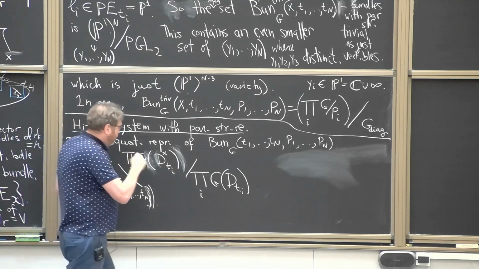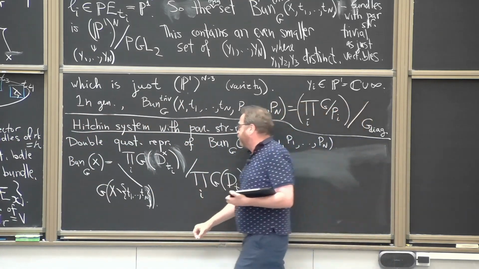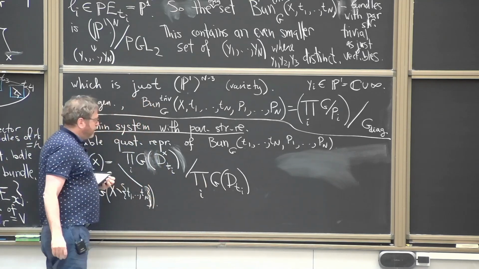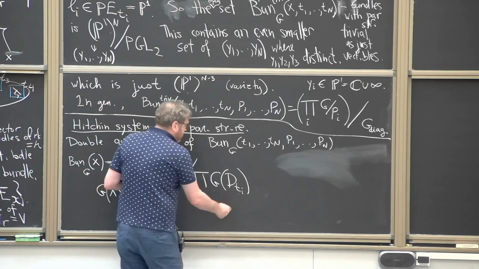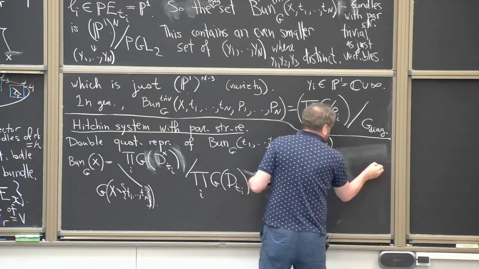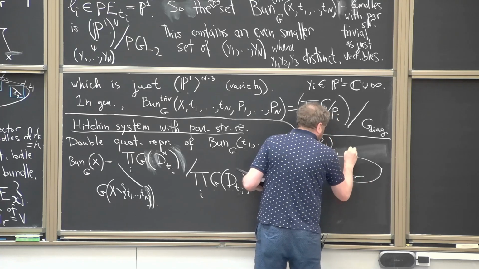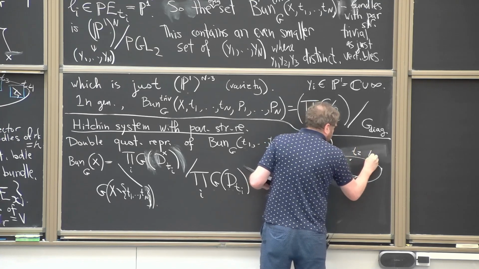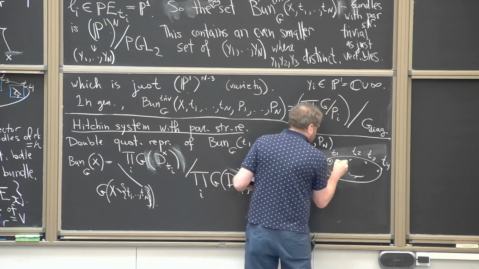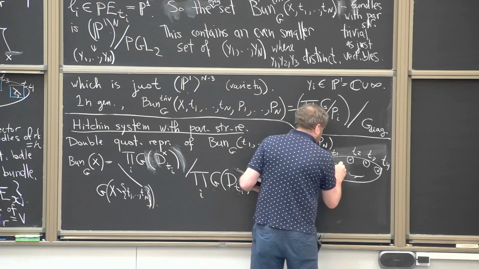But now, if we want to fix parabolic structures, then of course this is the data at the points Ti. And so this is the group of all functions on the disk D_Ti around Ti. So we have this picture here. Again, we have points T1, T2, T3, and T4, and then we have these infinitesimal disks around them, D_T1 and so on.